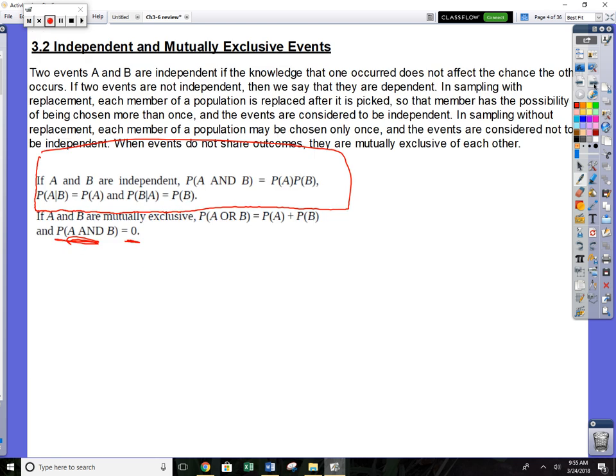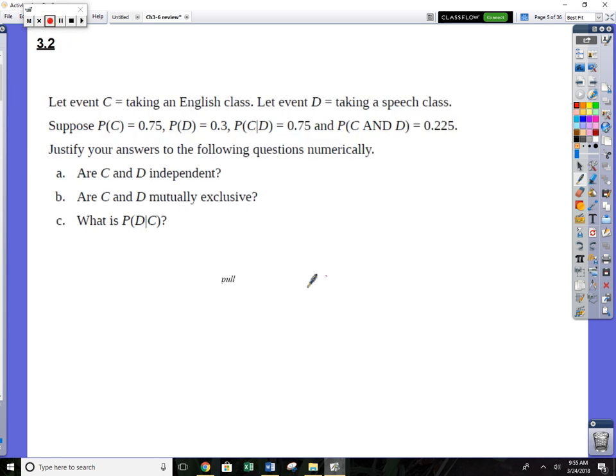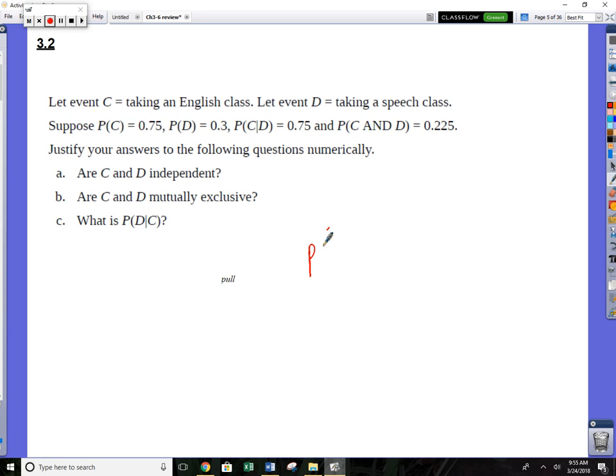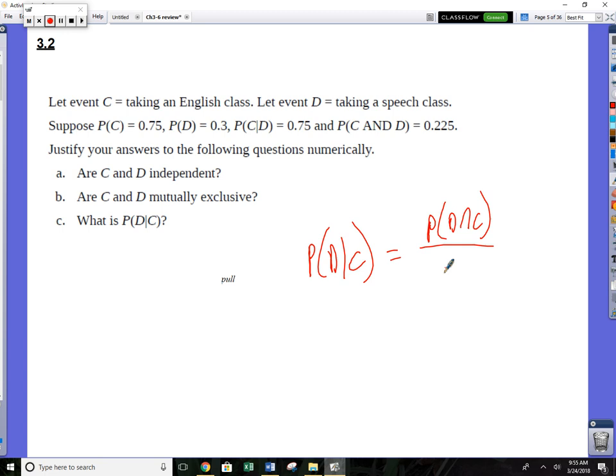Now, let's see where we are. Okay, so the chances of D happening given that C happens, that is actually the same thing as the intersection. So chances of D intersect C divided by the chance of C happening. So here we go.